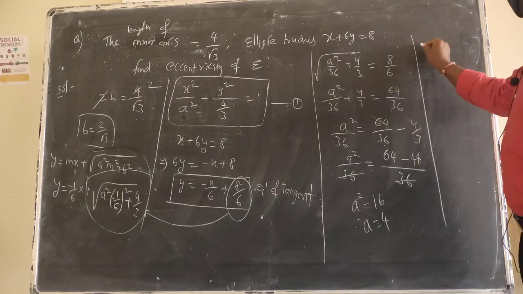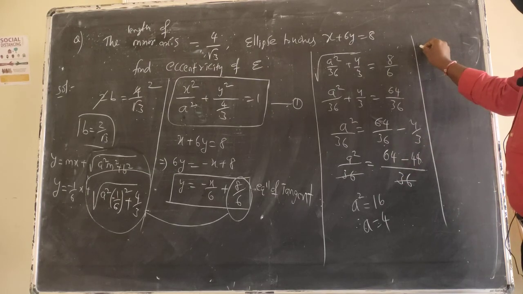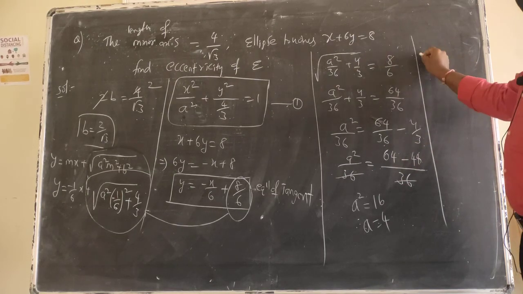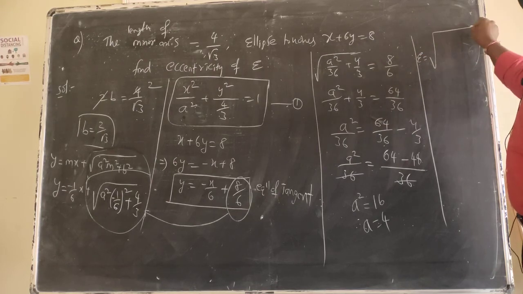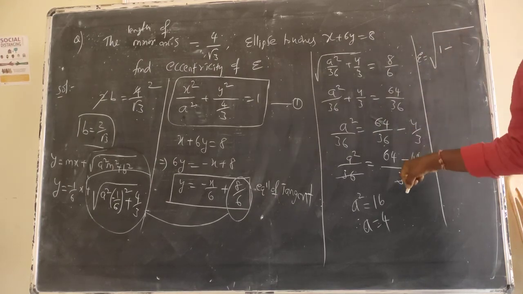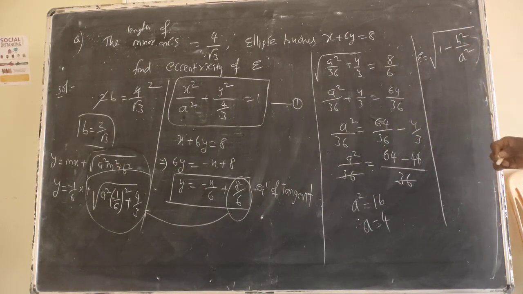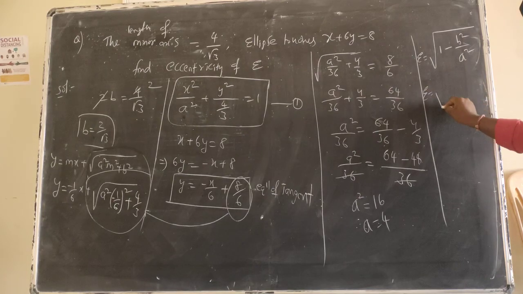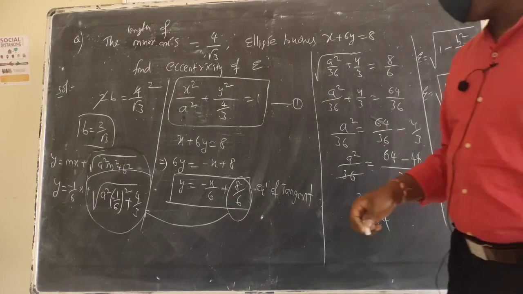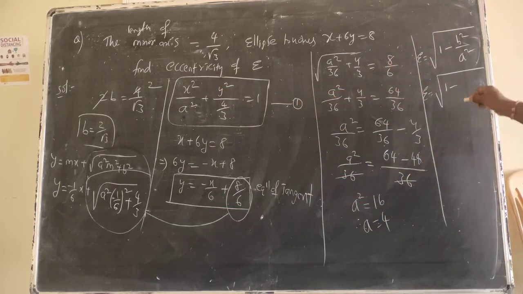So you know eccentricity. Eccentricity is equal to under root of 1 minus chota square by bada square, so b square by a square, smaller square by bigger square. What is the b square value here? 4 by 3, divided by a square, that is 16.